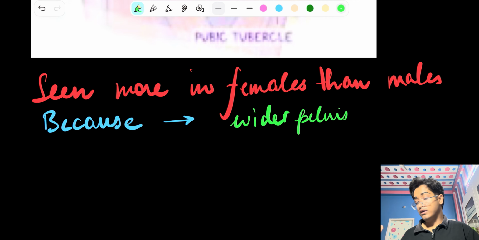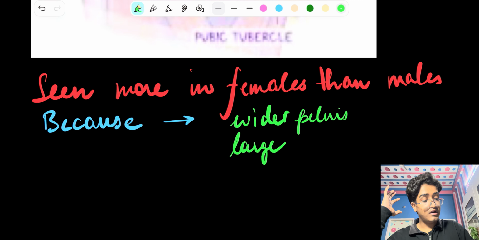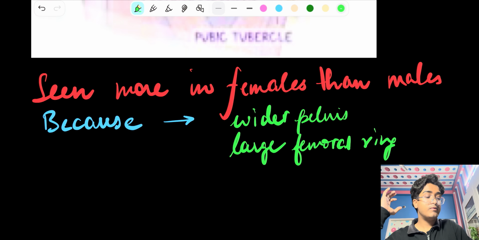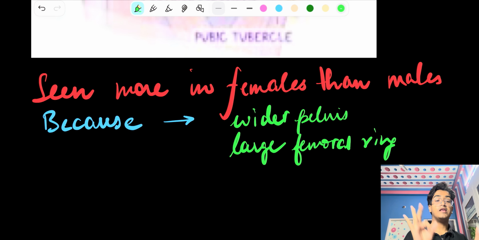Then in females there is a large femoral ring. The femoral ring is more widened. In males it is like this, in females it is like this.